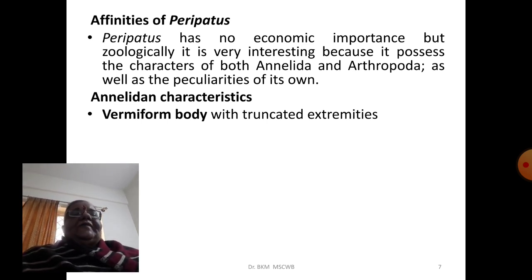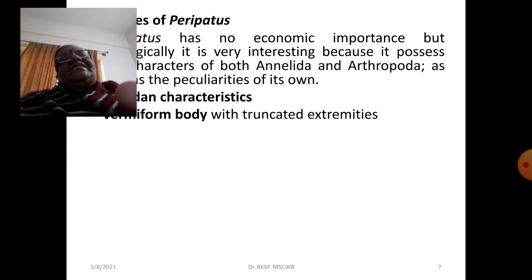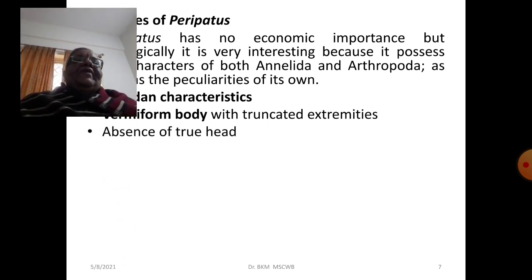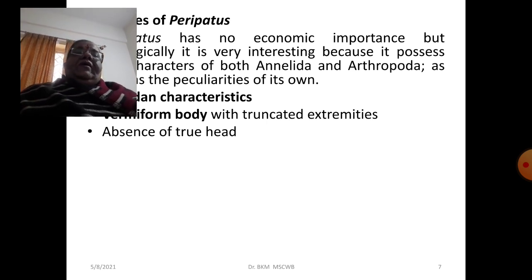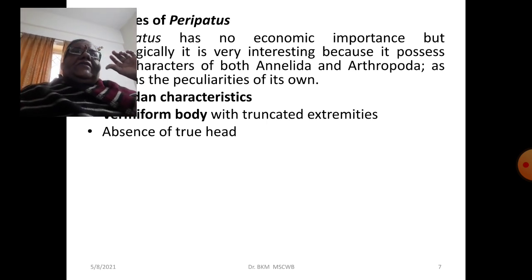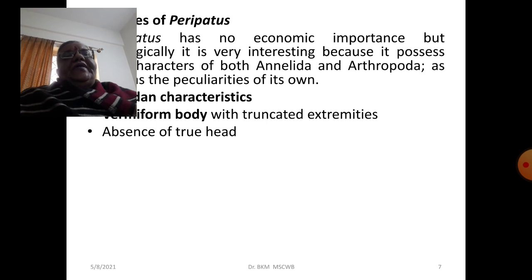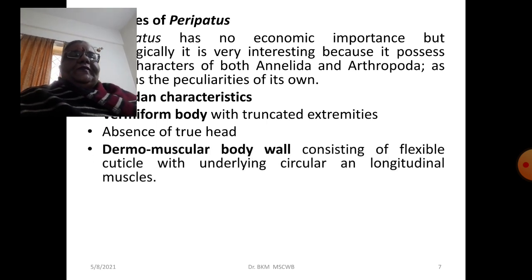Similarly, the Peripatus shows a vermiform body with truncated extremities. Then, absence of true head. Actually, cephalization, that is formation of head in true sense, is seen for the first time in arthropods during the course of evolution. So here, absence of a true head.